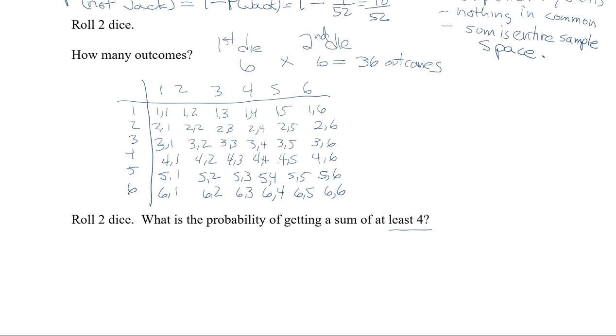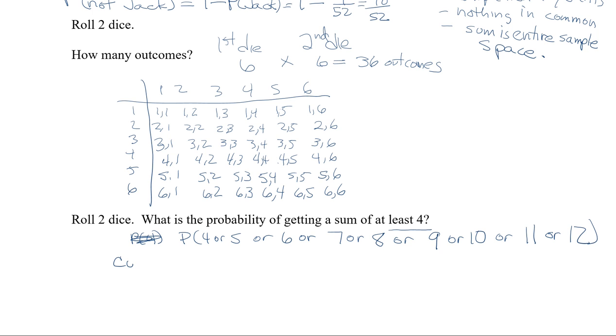So what's the probability of getting a sum of at least 4? Well, that would be the probability of getting a sum of 4, or 5, or 6, or 7, or 8, or 9, or 10, or 11, or 12. Wow, there would be a lot of things to figure out.